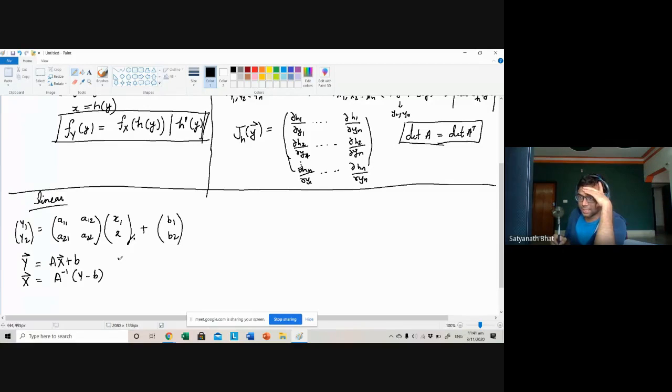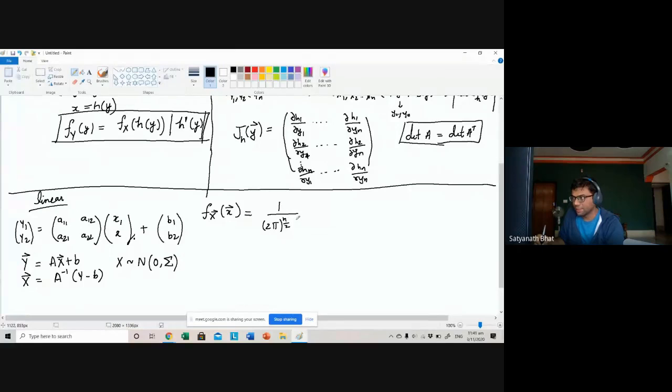Now let us assume that x is distributed as normal with mean 0. I'm taking an example of 0; in general, this may not be the case. And since it's a multivariate case, let's assume that the variance matrix is sigma. So what is the distribution f_X of x? There are x's having x1, x2. So this will be 1 over 2 pi to the power of n by 2. n is equal to 2, but let me just write it anyway.